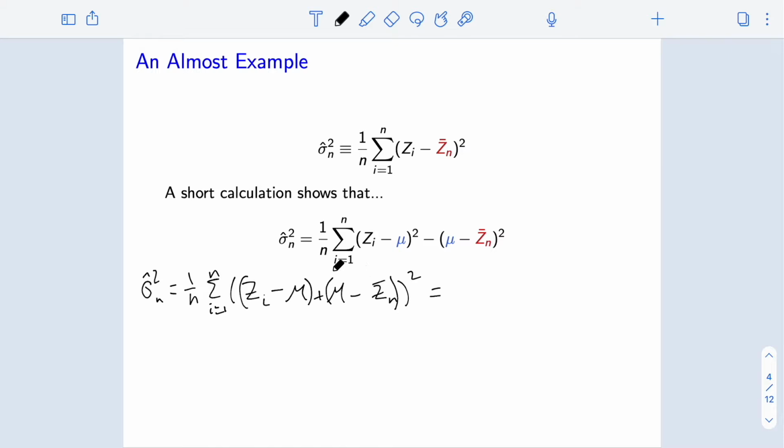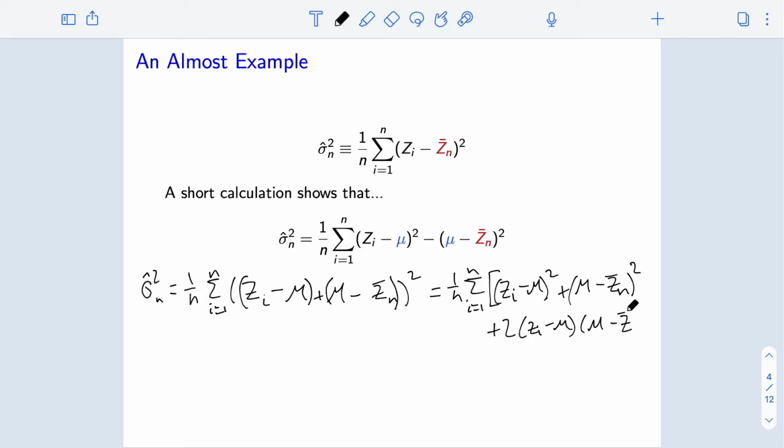Now we just multiply this out, and we get 1 over n, sum i equals 1 to n, of: the first term will just be (Zi minus mu) squared. We will also have a term (mu minus Z bar n) squared. And then we will have two terms that look like this piece times this piece, so plus 2 times (Zi minus mu) times (mu minus Z bar n).